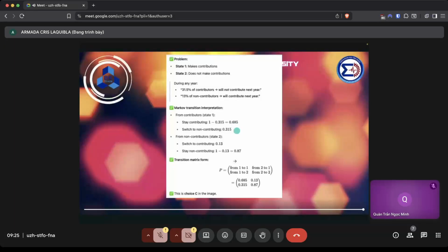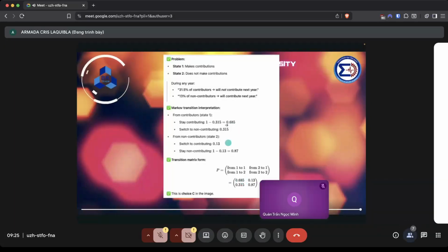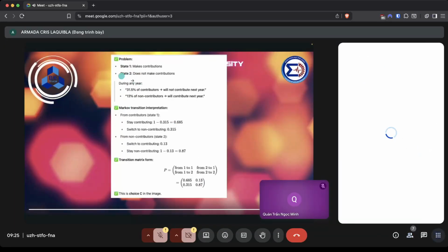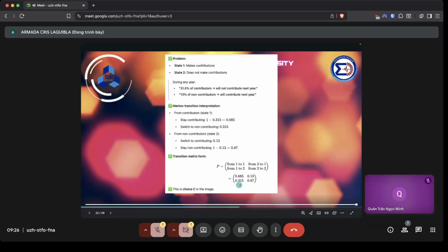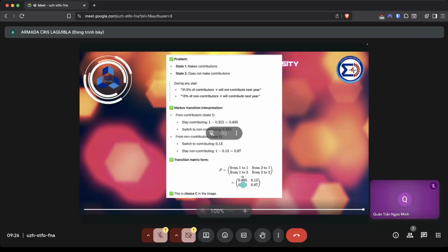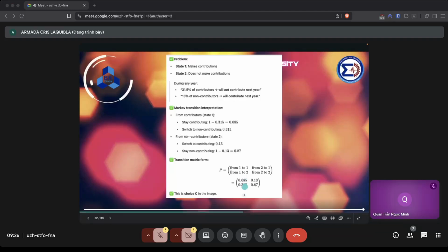Will make contribution is the 0.685, and row 2 will say does not make contributions. So the one who will not make contribution is the 0.315. So the total in each column is 1.